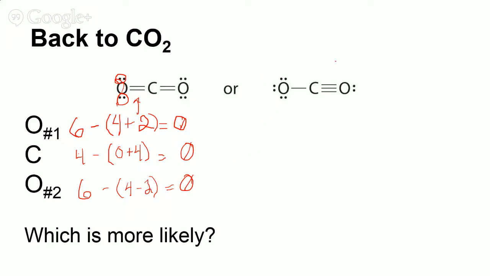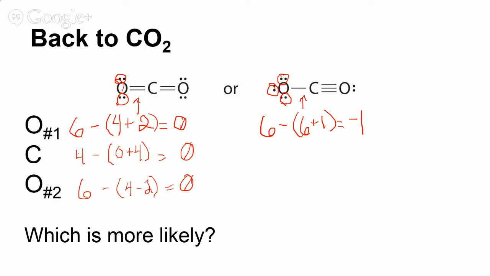Now let's take a look at this one though. First it starts with 6 valence electrons minus how many electrons it has unshared, 6, plus half the bonding electrons, 1, gives you a charge of -1. So that oxygen would have a formal charge of -1.